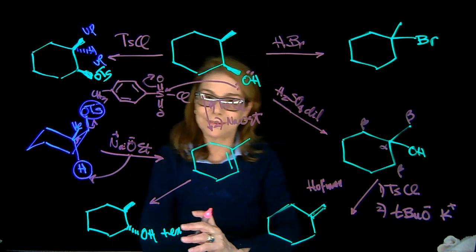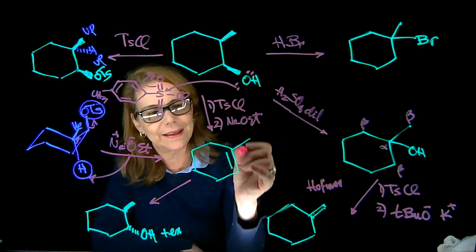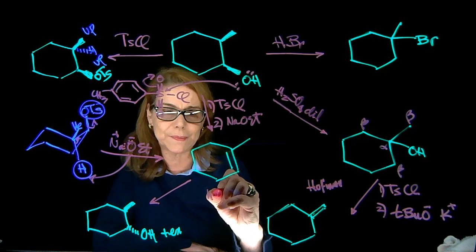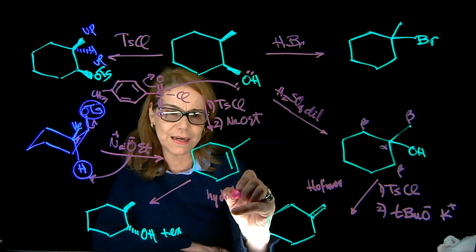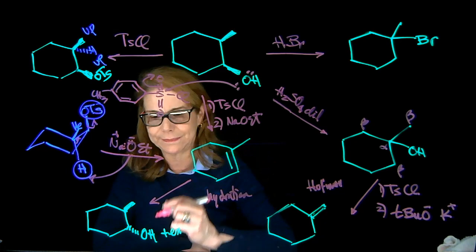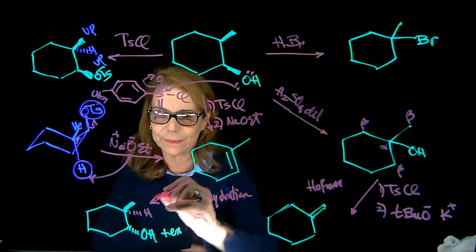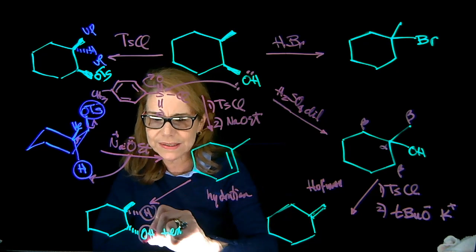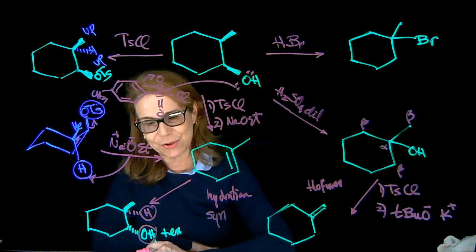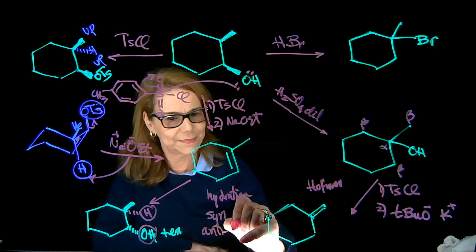The final reaction that I have here now involves an addition to the double bond. And notice it is a hydration, because we have added H and OH across the double bond. And what I want you to see is that the H and the OH are added to the same side. It is a syn addition and also anti-Markovnikov.